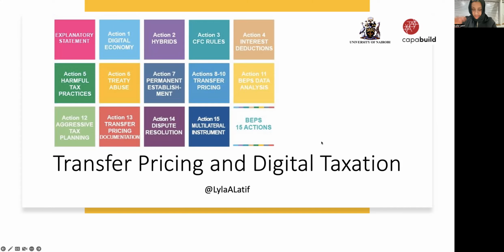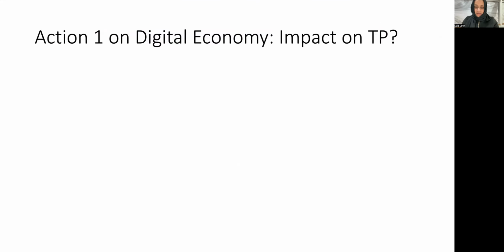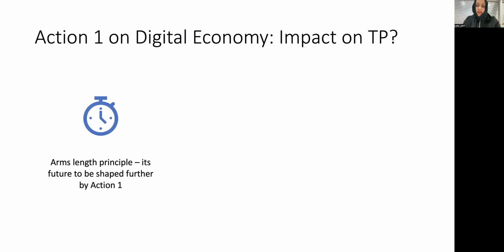Now, this particular session is on action 1, which relates to the digital economy and its taxation, and whether action 1 has any impact on transfer pricing. The arm's length principle has been a mainstay of international tax policy for decades, but its future is going to be shaped by action 1 of the OECD BEPS action plan.